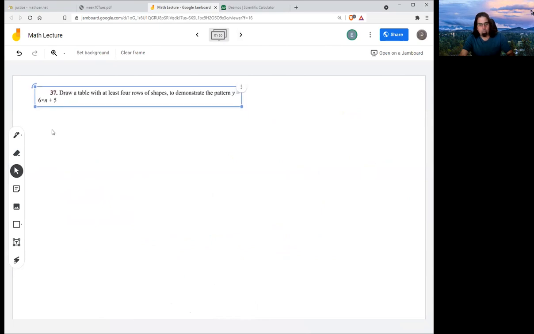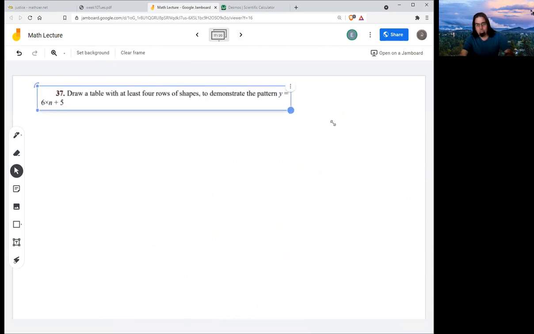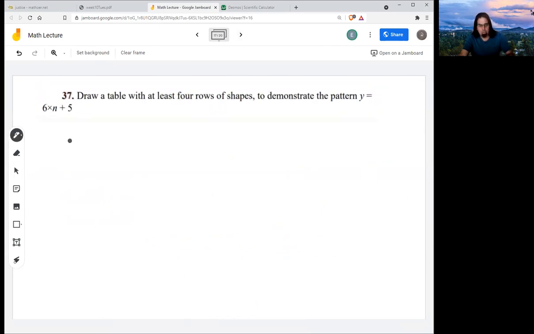This one is because we had patterns presented to us. So if we make a table, then we have N and Y, and let's draw it with shapes.